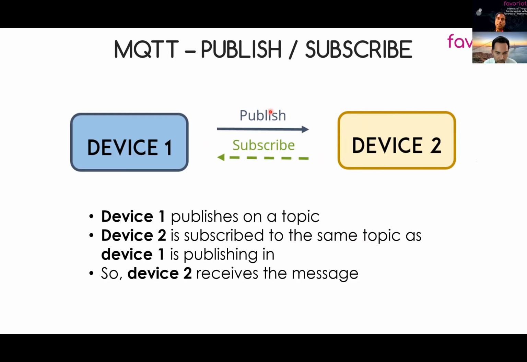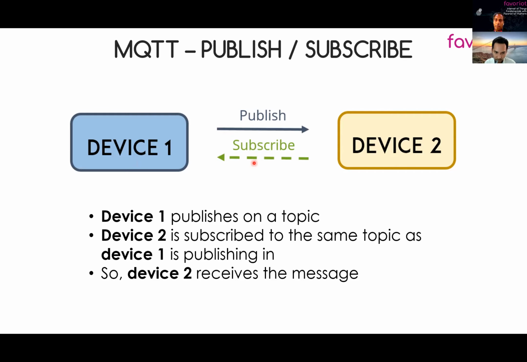Assuming the topic here is room/temperature, device 2 would have to subscribe to room/temperature in order to get the same message. So this is the fundamental understanding of publish and subscribe. Can a device do both?